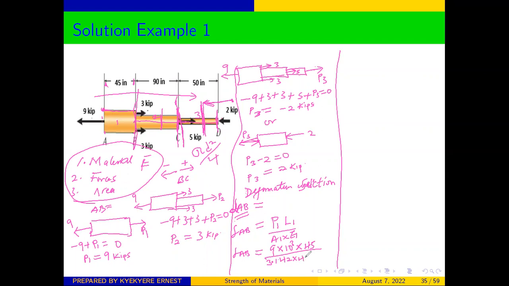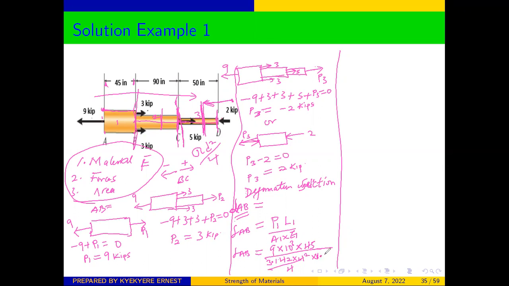So you have 4 squared over 4, times the modulus of elasticity, which we are told is 1.9 times 10 to the power 6, or 1.9 million or something. It was given in KSI.